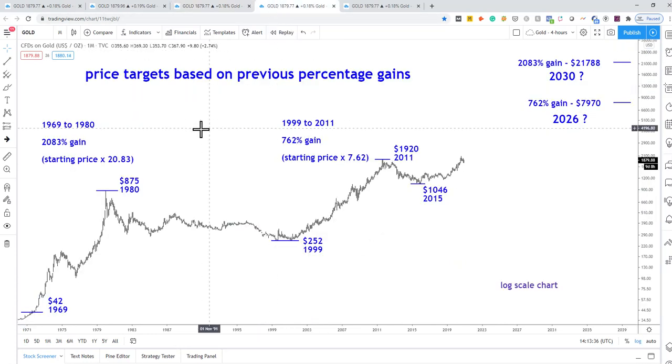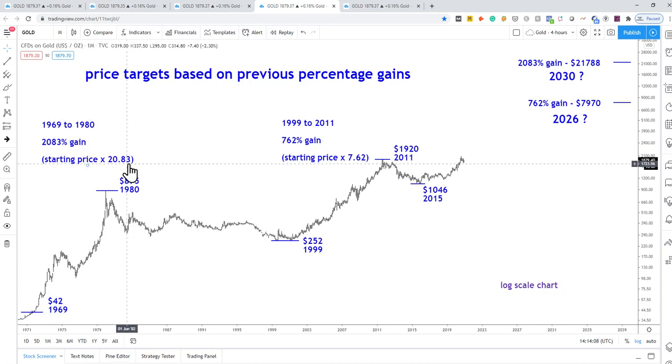Let's continue. This chart's a little bit messy. Bear with me, I think I can explain it. So in 1969, gold was sitting at $42. By 1980, gold had risen to $875. That is a 2,083% gain. And I don't know about you, but I always get confused when people talk in percentages like that.